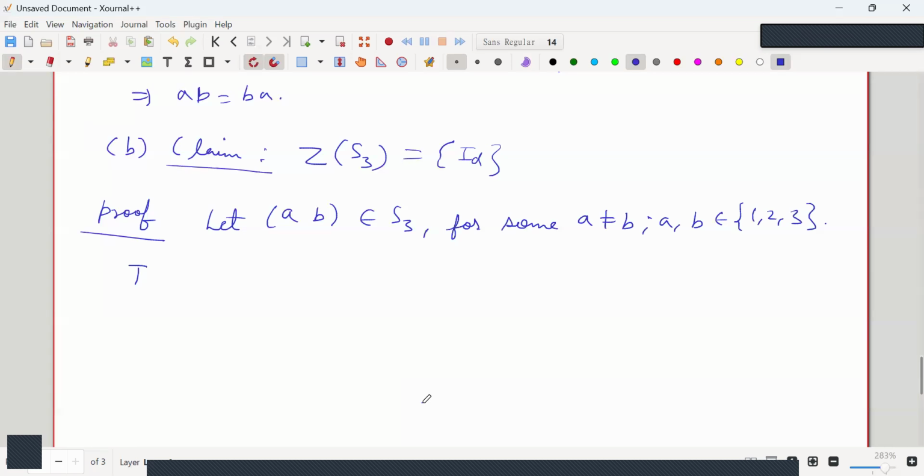Then we will take AC belongs to S3 for C not equal to B. So there are three indices, right? So you have chosen any two indices in AB. Now take the third one, and with that take the two cycle AC.